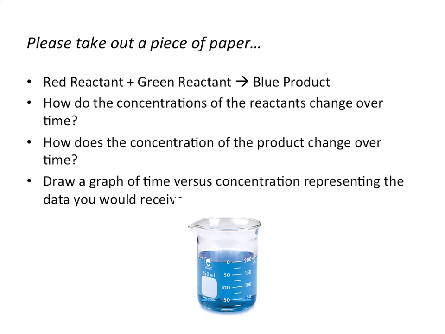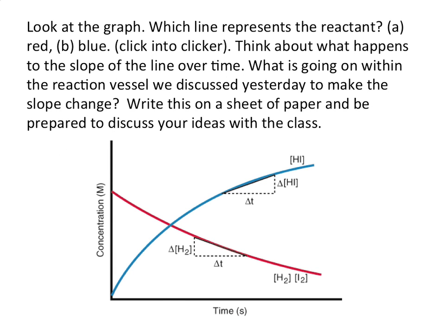So if we want to do a graph of this, we know that initially things are going to be happening quickly, and over time there's going to be less of the reactants, so they're not going to be reacting as quickly, so it's a lower slope. And for the products, there's going to be less things forming them, so there's going to be a smaller slope there as well. So we can look at this graph. This is just an example of it. The line going down, the concentration is decreasing with time.